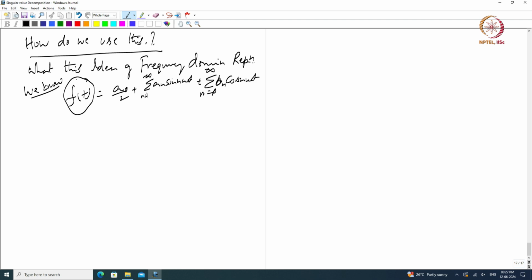This is f of t. A more interesting application is when this f of t is aperiodic, which is more common than periodic.